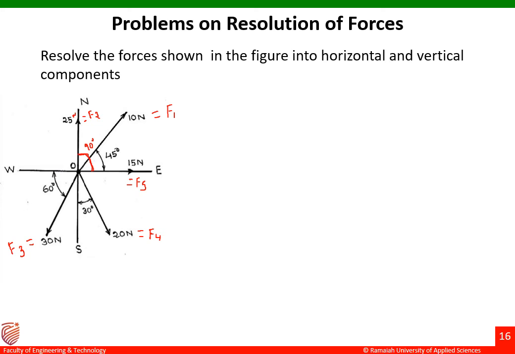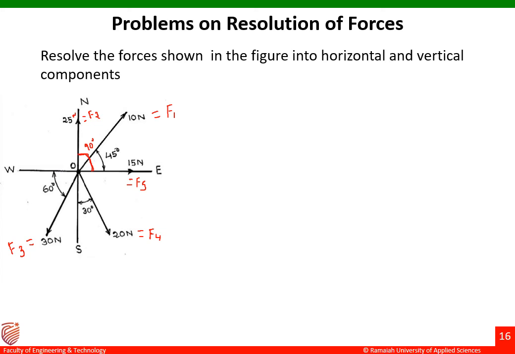Coming to force F3, it is making an angle of 60 degrees with respect to the horizontal. Coming to force F4, 20 Newton is making an angle of 30 degrees with respect to the vertical axis.